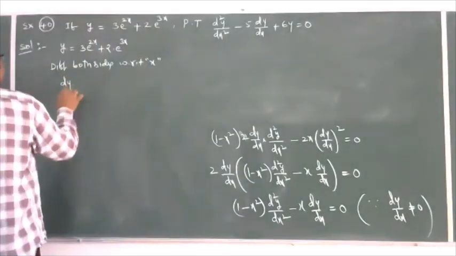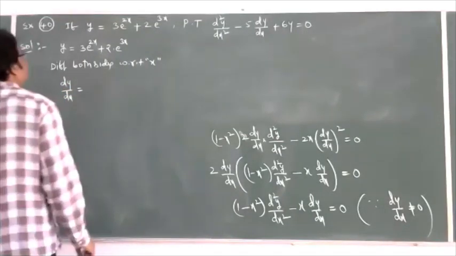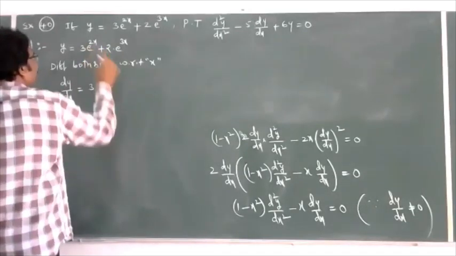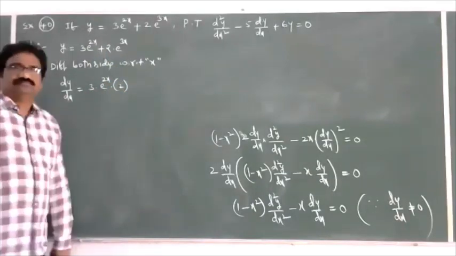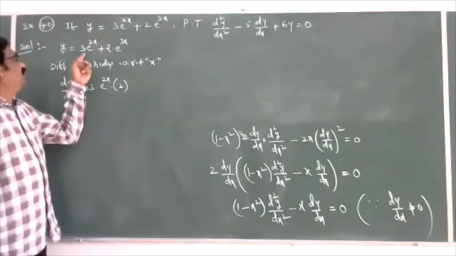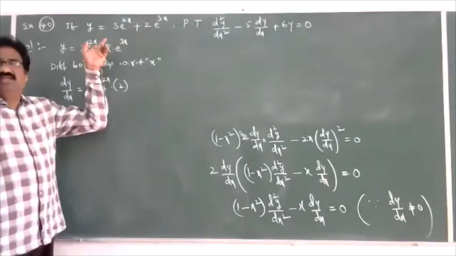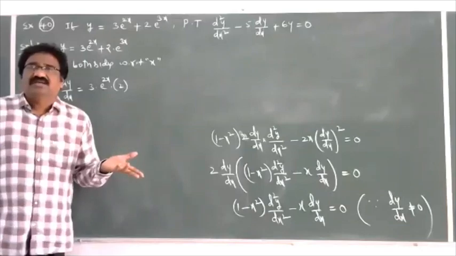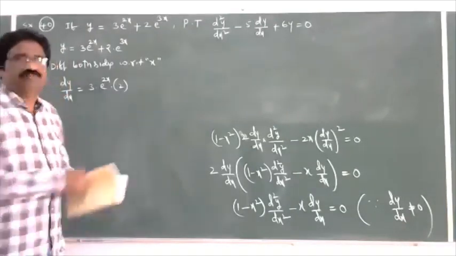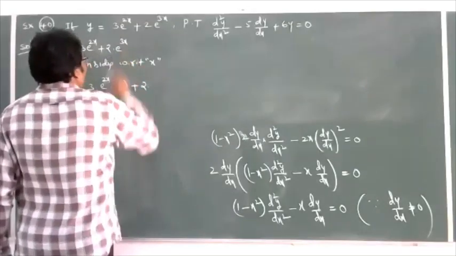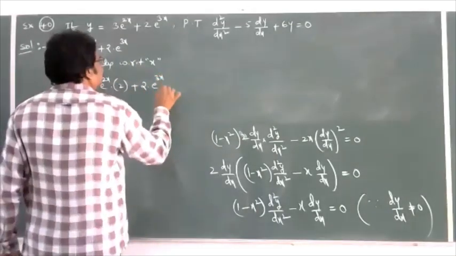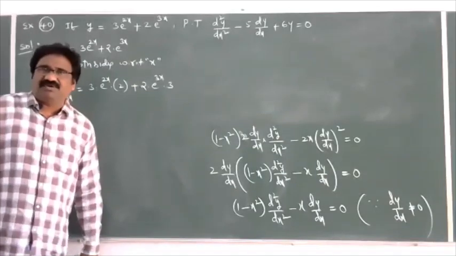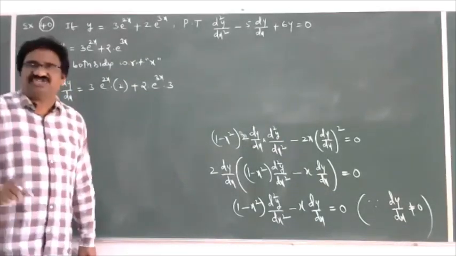That is dy by dx. dy by dx is equal to 3 constant into e power 2x derivative, e power 2x into 2x derivative, here 2, using chain rule, plus 2 constant into e power 3x derivative, e power 3x into 3x derivative, 3, by using chain rule.